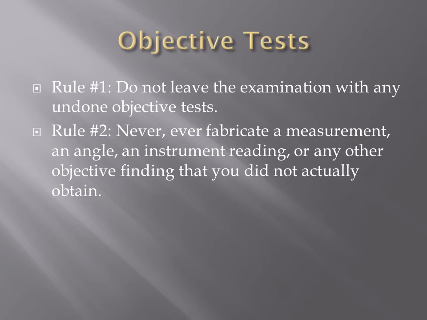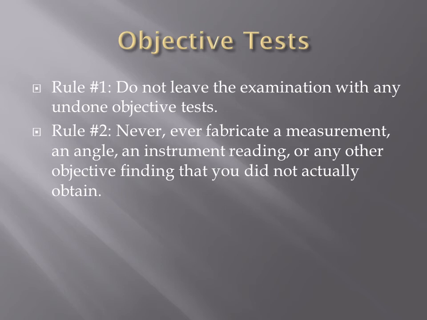Rule number 2, never, and that is never ever, fabricate a measure, an angle, a reading, a recording, or any other objective finding that you did not actually obtain. And since you can't fabricate a measurement that you didn't obtain, make sure that you do every measurement in the one-time face-to-face evaluation that you have.